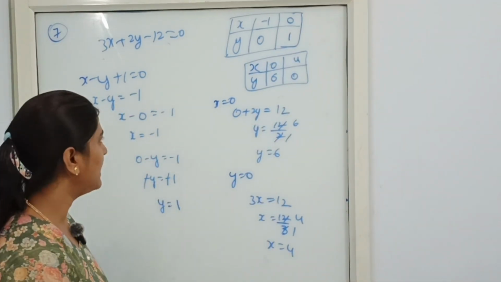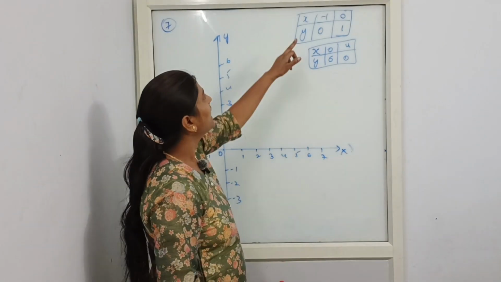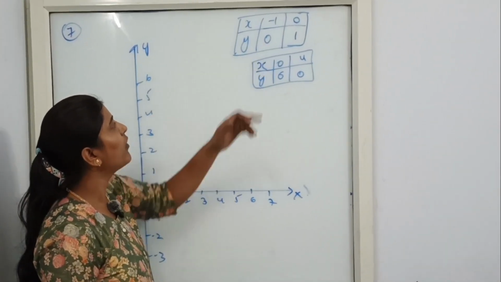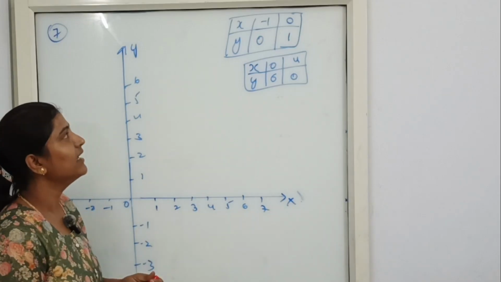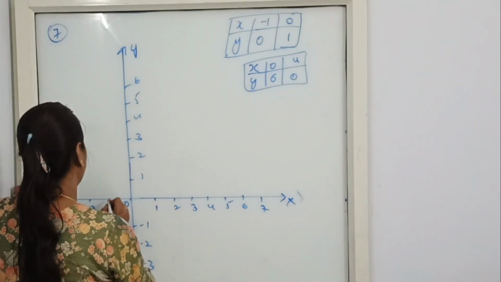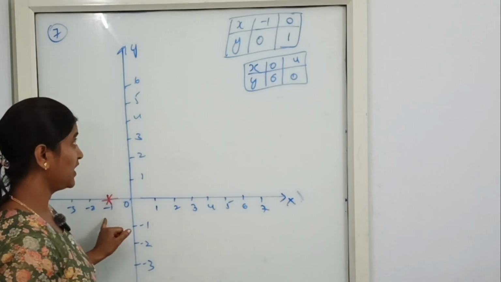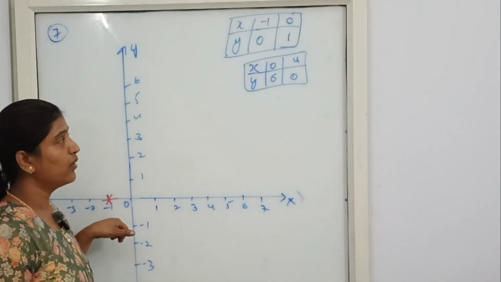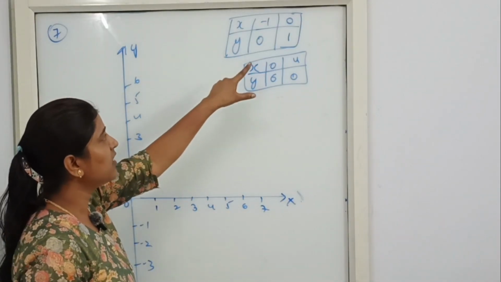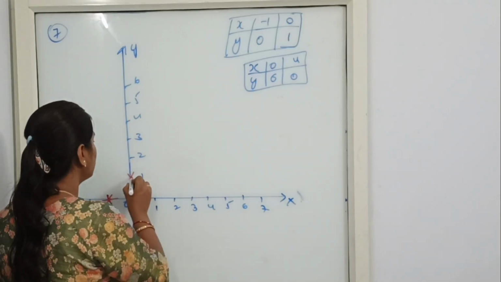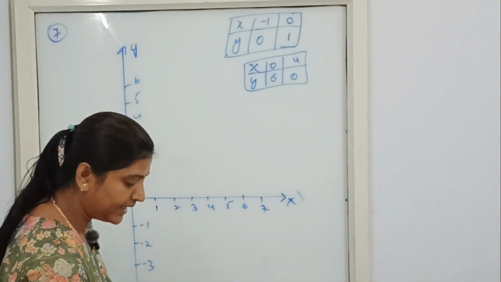Let us do it on a graph. If x is equal to minus 1, y is 0, that means the point lies on the x-axis. If x is equal to 0, y is 1. Join them.